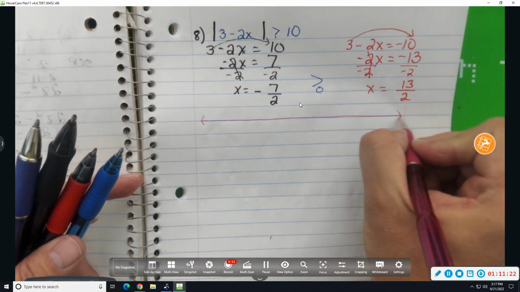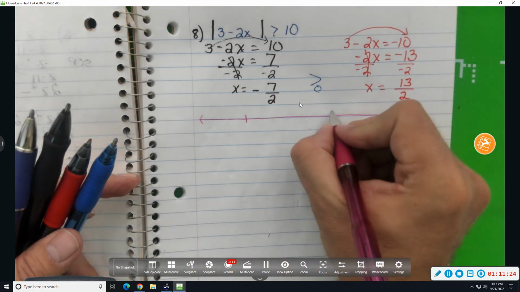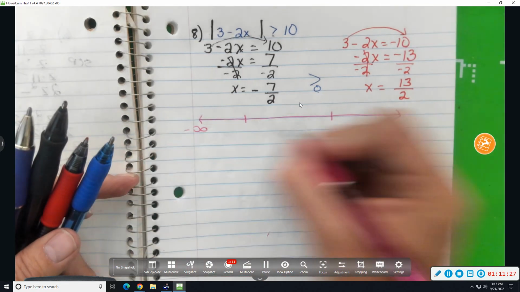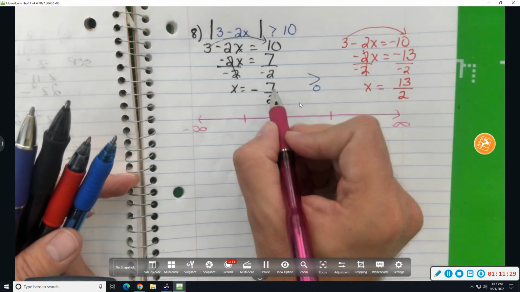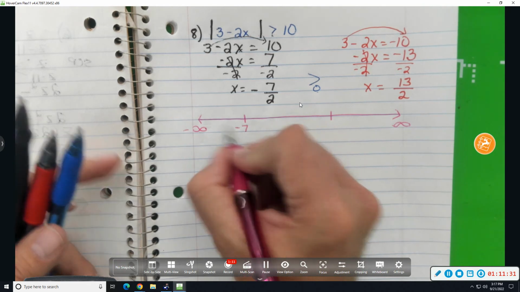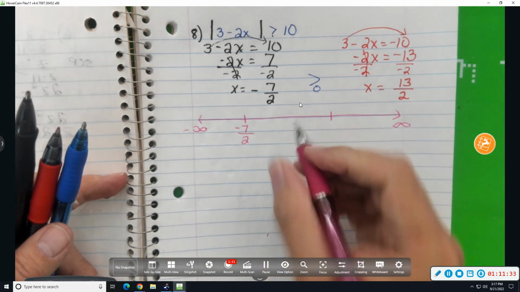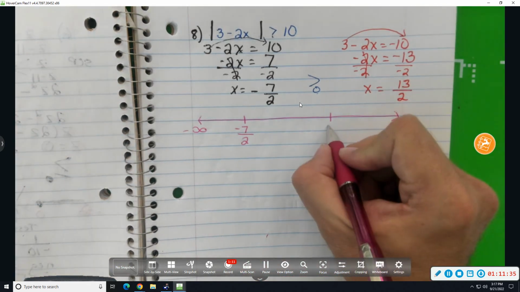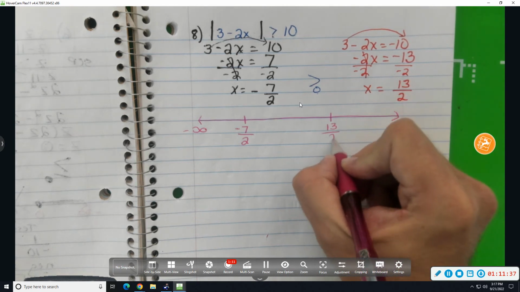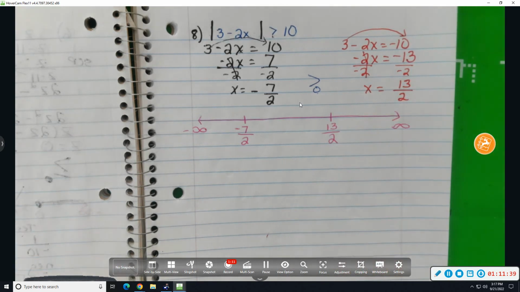Draw a number line. The negative number is always going to be closer to negative infinity than the positive. Negative numbers are to the left, positive to the right.